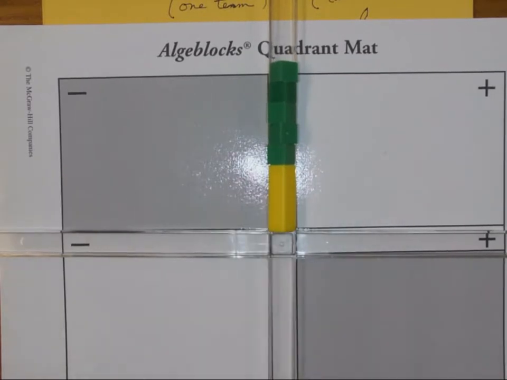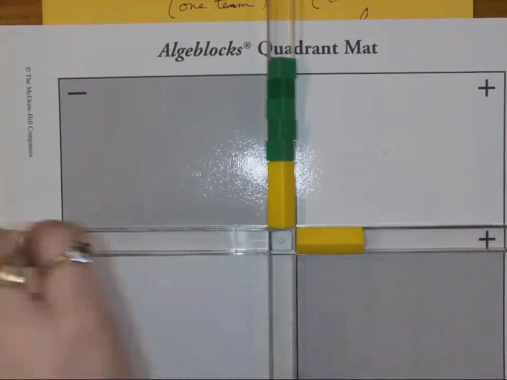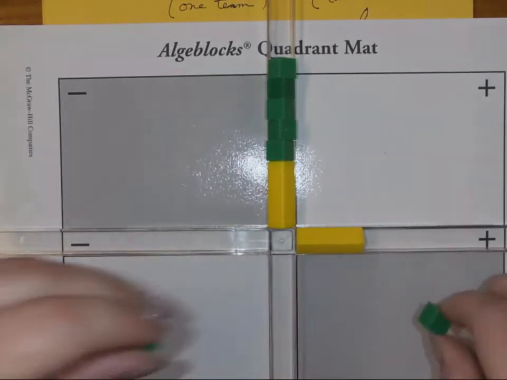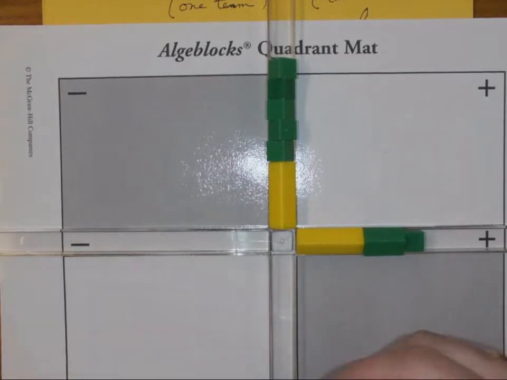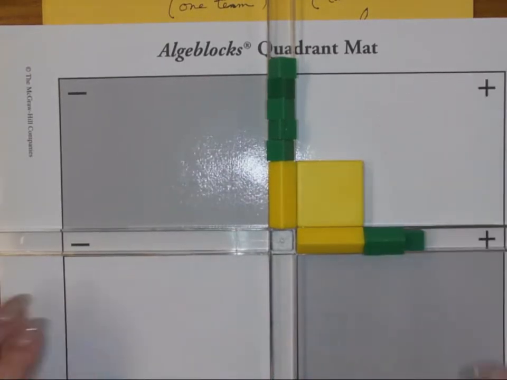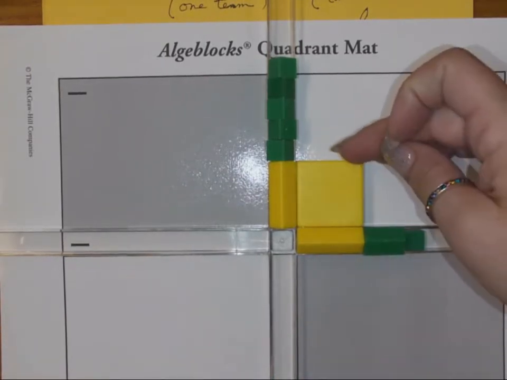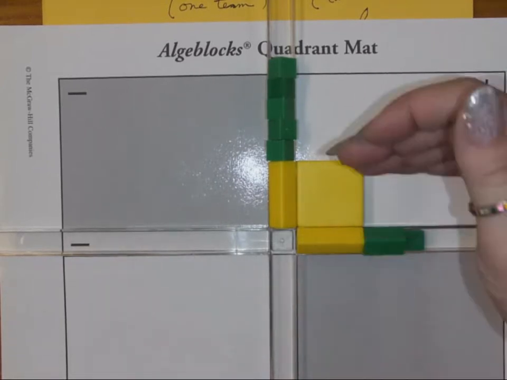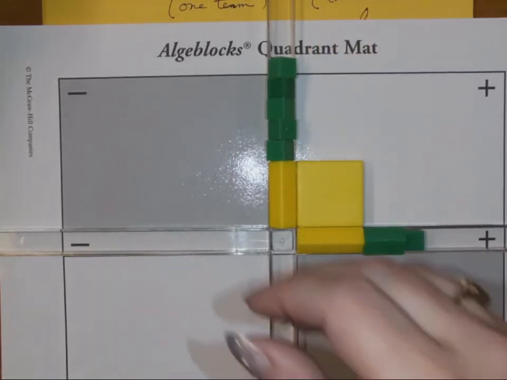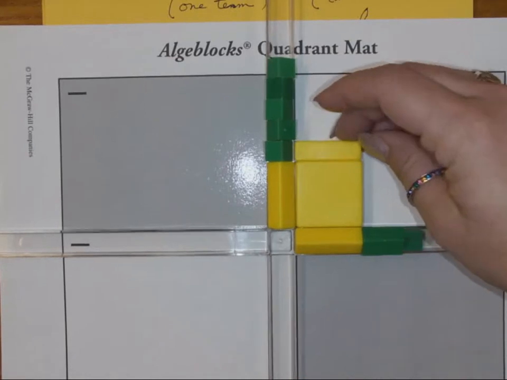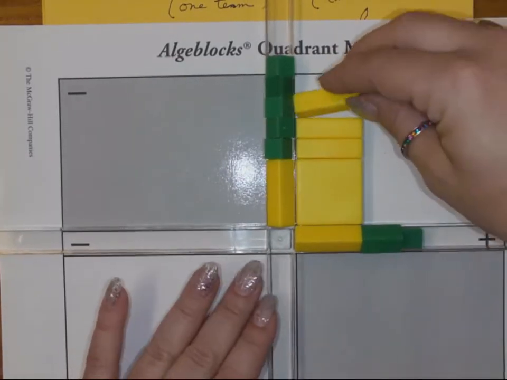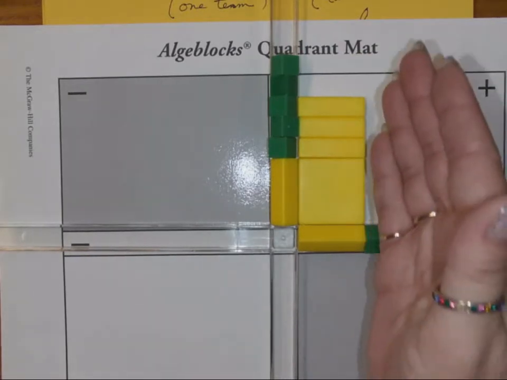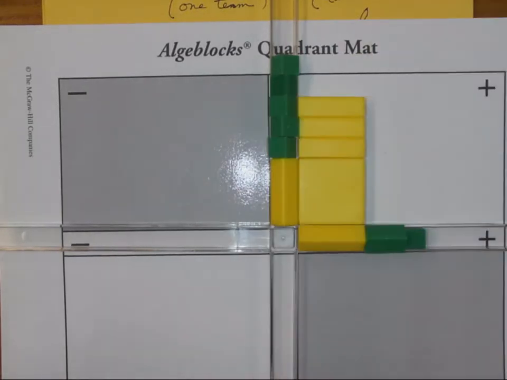So I've got the x plus 5. I need an x plus 3 on this side. And then I'm going to make sure that all my breaking points line up. So x times x is x squared. Right here on top, I've got an x times a 1 going up. So that looks to me like those need to be x's so that my breaking will line up. I'm also checking as I go this vertical break here.